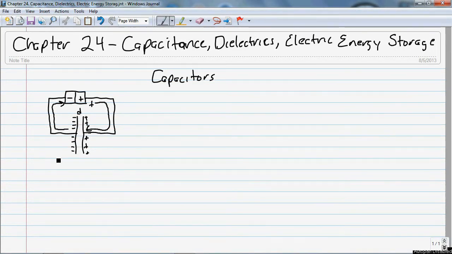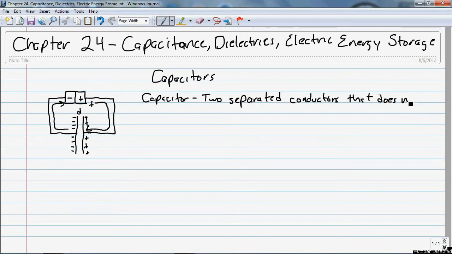So this idea of two separate plates is the idea of what we call a capacitor. So a capacitor is just two separated conductors that does not have a path for charge to flow.